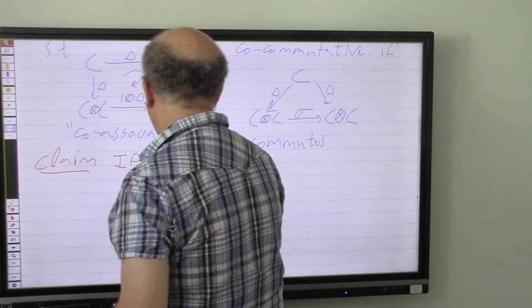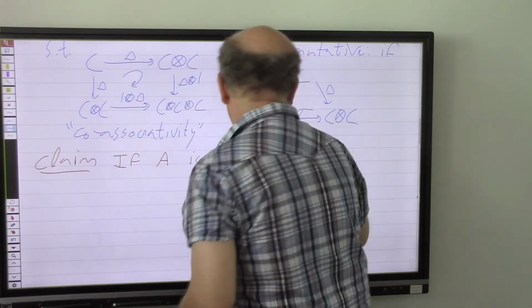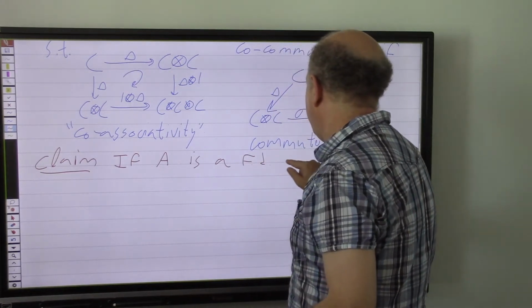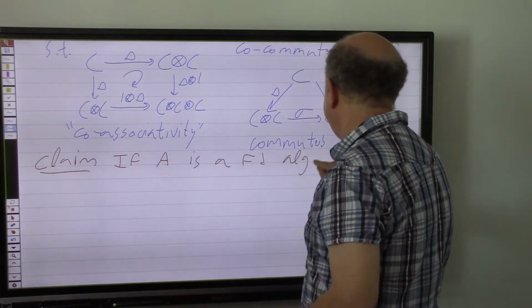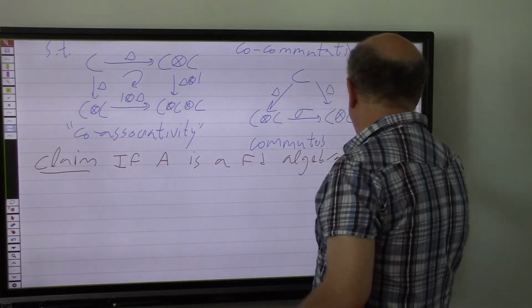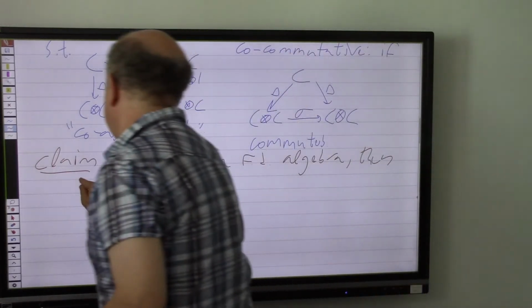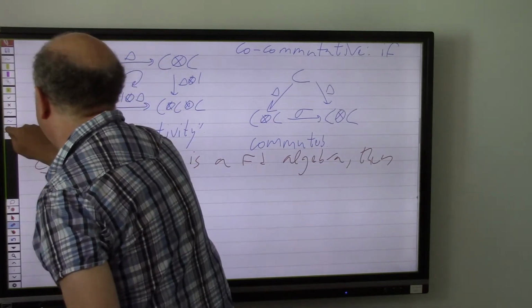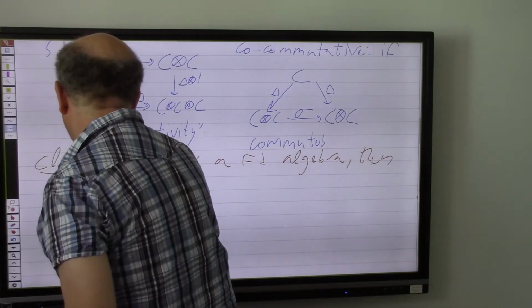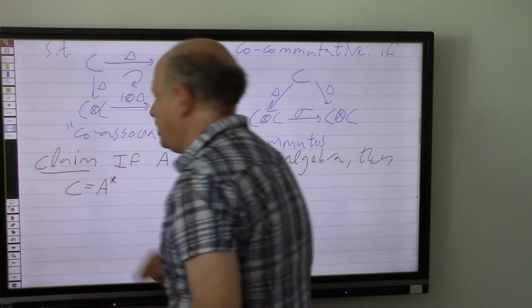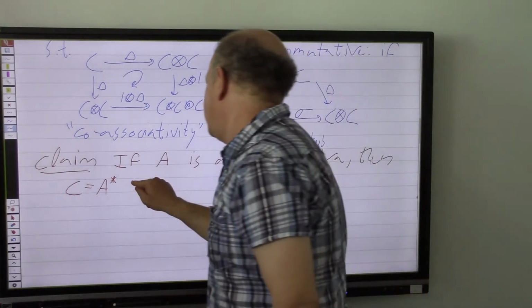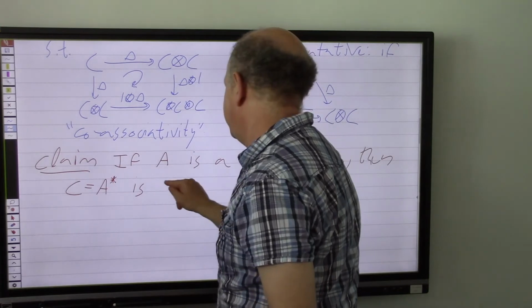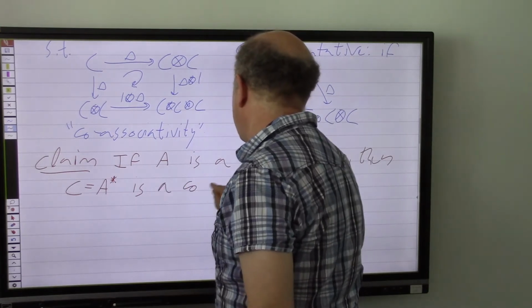Claim: if A is a finite dimensional algebra, then C, which is the dual of A, just the dual as a vector space, is a co-algebra.